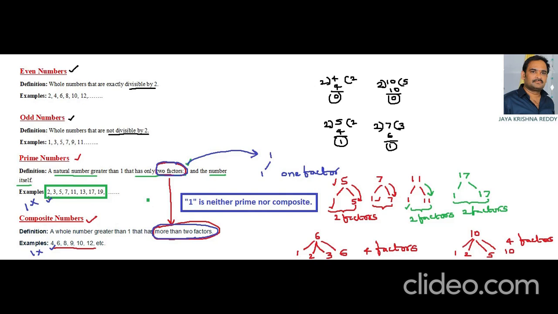The least prime number is 2 and the least composite number is 4. And in the prime numbers, 2 is the only even prime number. All other prime numbers are odd numbers.